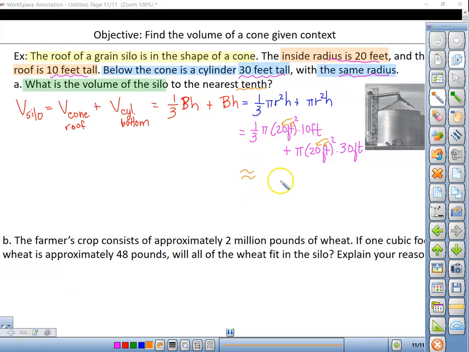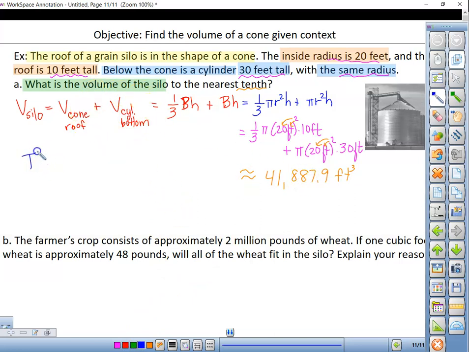Alright, so hopefully you came up with this number, 41,887.9 to the nearest tenth. And our units would be feet squared times feet, which is cubic feet. So now we can write our conclusion. This would be the volume of our silo.